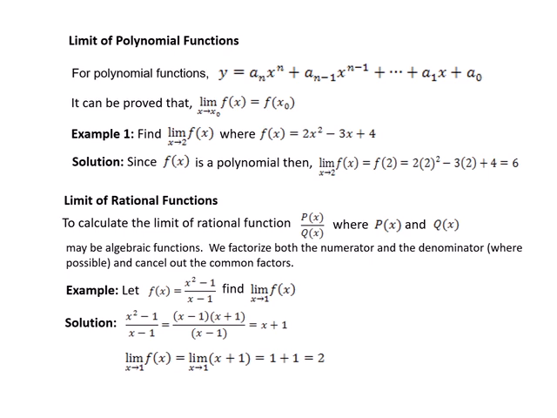We factorize both the numerator and the denominator where possible and cancel out the common factors. Let's look at this in an example where f of s is equal to s squared minus 1 over s minus 1.